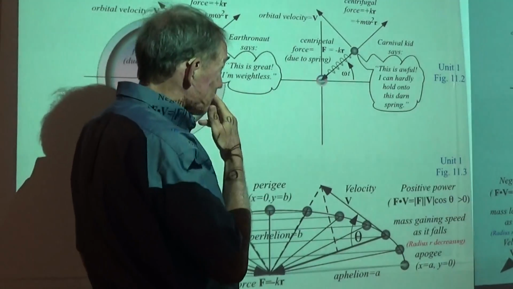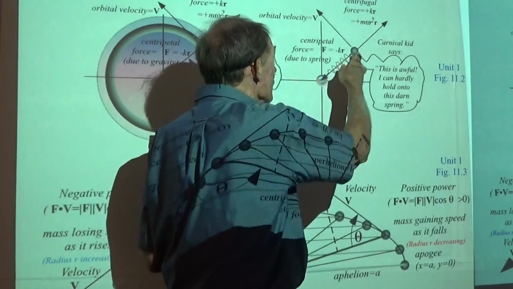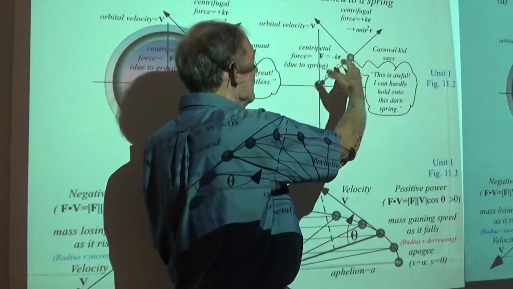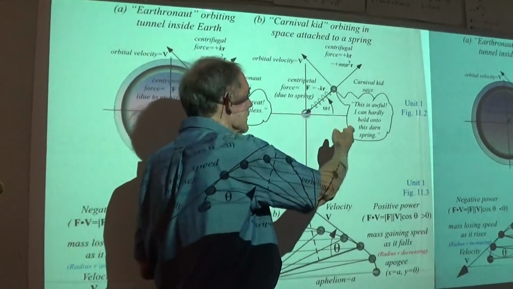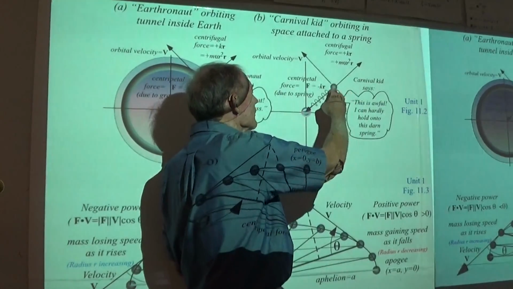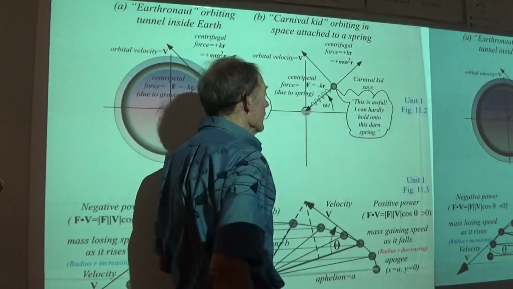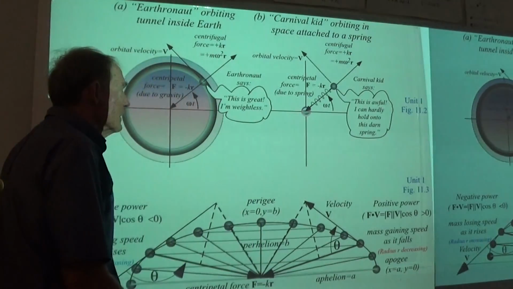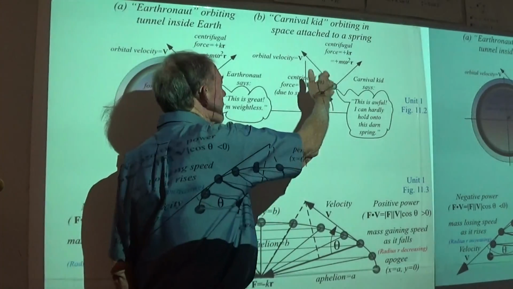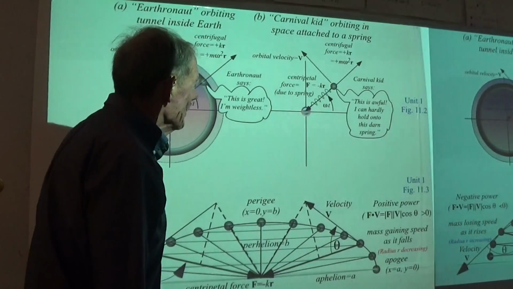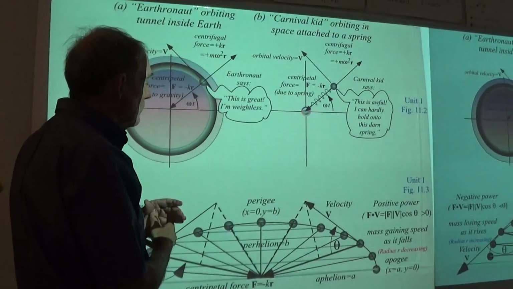And this case right here is doing the same thing, but the Carnival kid is saying, this is all I'm going to hold on here. I feel tremendous force. If I let go, I'm going to fly off in a straight line in the direction of its current velocity. So those two things are at work here.